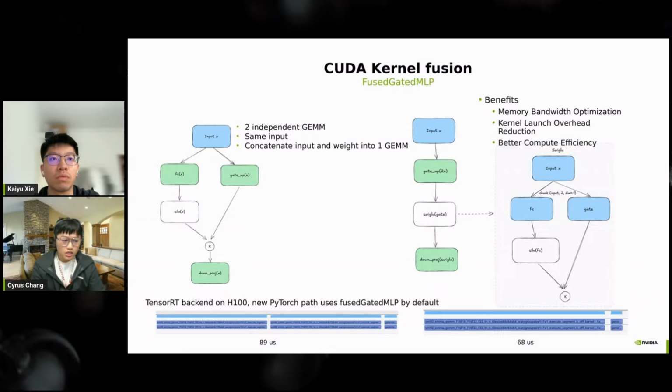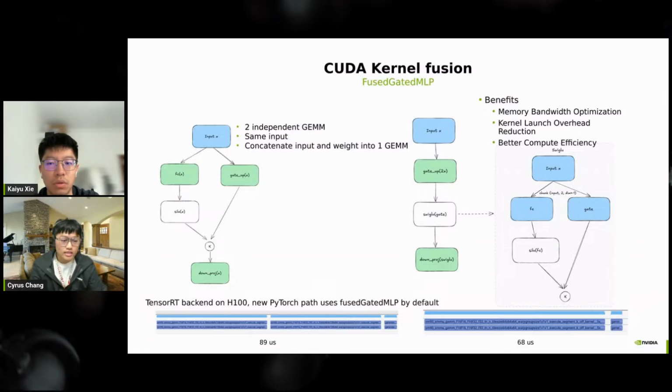As a result, we can see in the Nsight Compute report that the previous original implementation takes around 89 microseconds, and with this new optimization, the large GEMM now takes 68 microseconds.